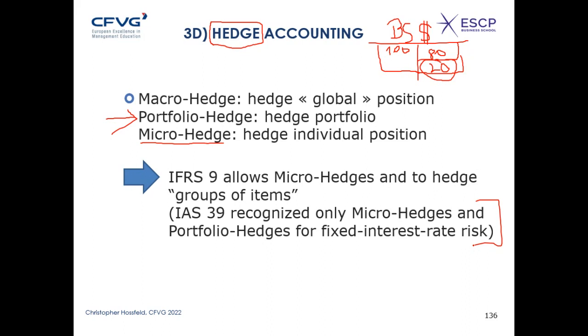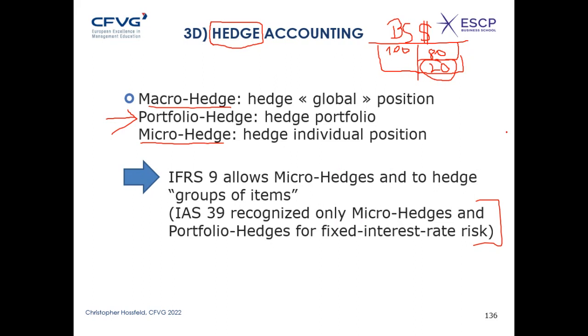So sometimes that creates situations where, since you cannot apply hedge accounting, you show a risk, which means a profit or a loss, that economically does not exist because you do macro hedging. This is unsatisfactory. That's why companies are pushing for the regulator to also allow macro hedging as hedge accounting.